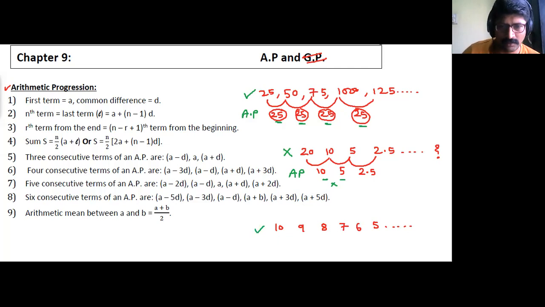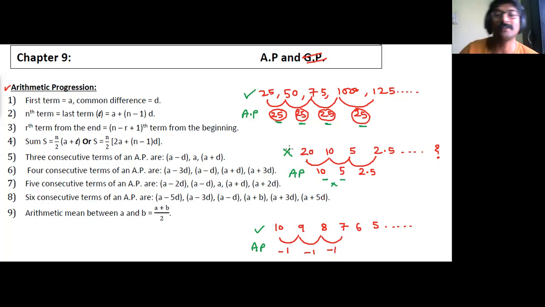Now I guess students, even you can answer it, isn't it? Why is it an AP? Because there is a difference of 9 minus 10 is minus 1, 8 minus 9 is minus 1, 7 minus 8 is minus 1. The difference is minus 1.